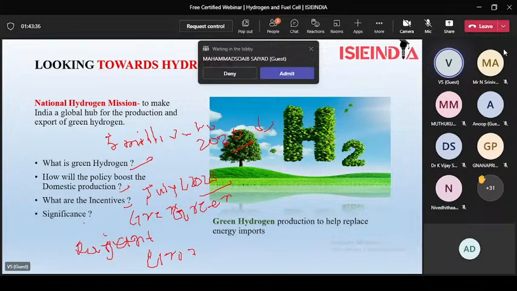And what is the significance? Under this scheme, the government's aim is to make India a hub of production and export of green hydrogen.